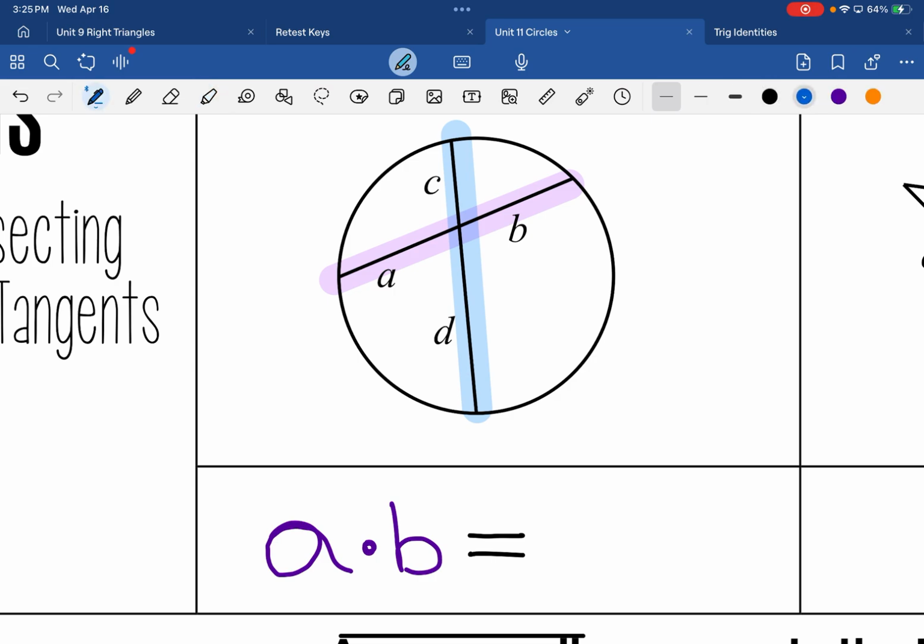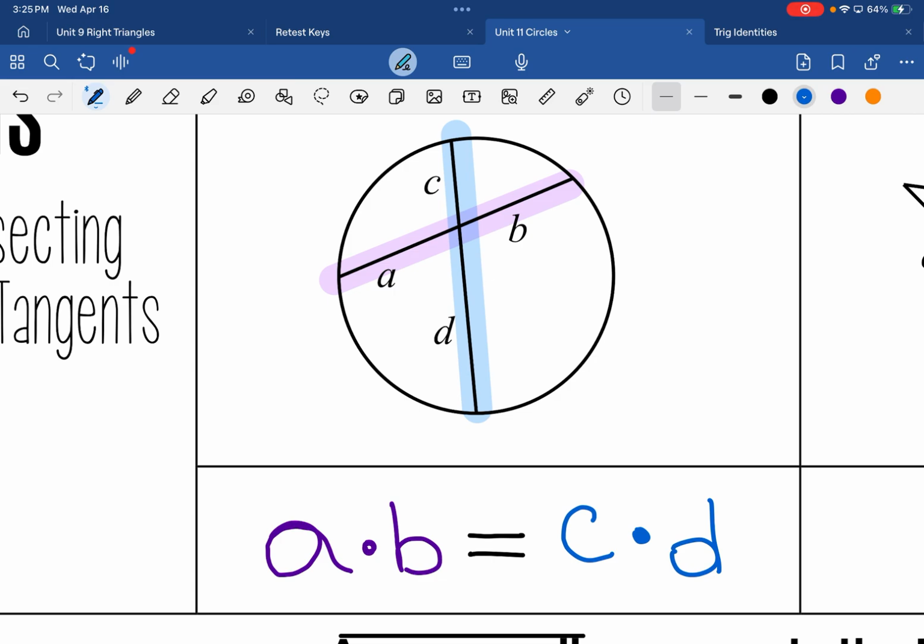They have to be from the same chord. Does that make sense? Okay, you cannot do C times A or C times B. It has to be same chord equals same chord times same chord. So, part times part equals part times part. Are we good? Okay, so that's if two chords are intersecting.